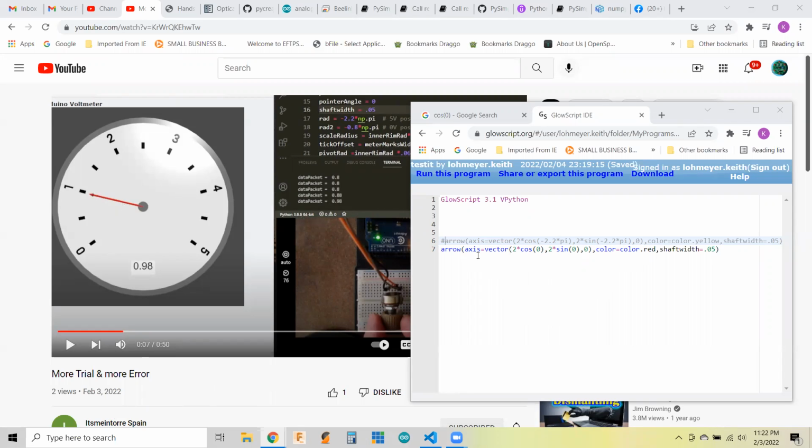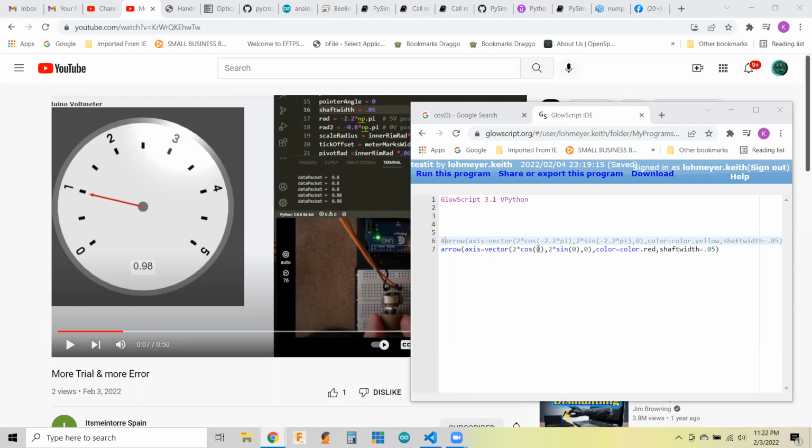Okay, so first thing we got to do is you got to understand that we're actually getting X and Y values here, and it's kind of disconnected from what you would normally think of where a circle would start.